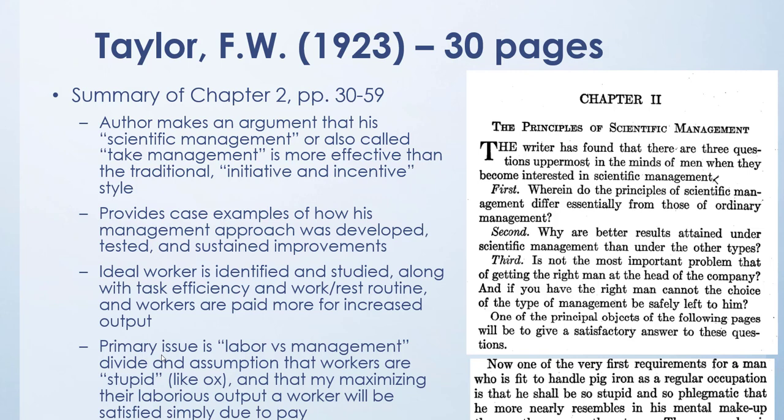In this chapter, he compares what he defines as the current management style, and this is 1920s current, which he labels initiative and incentive. What he's basically saying is workers need to be motivated to maximize their output, and the workers have all the knowledge because the knowledge was gained through experience.